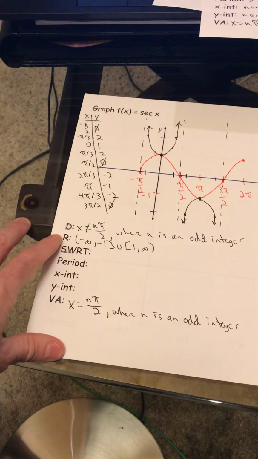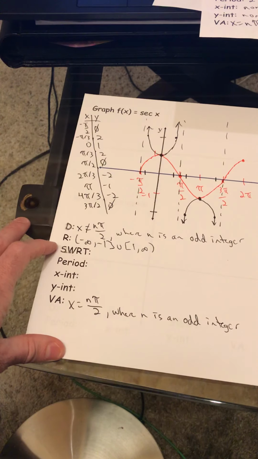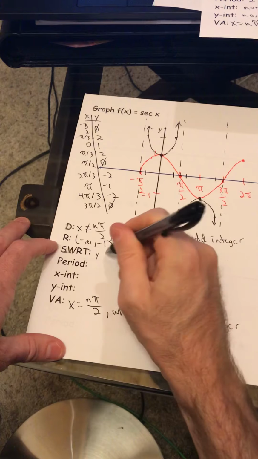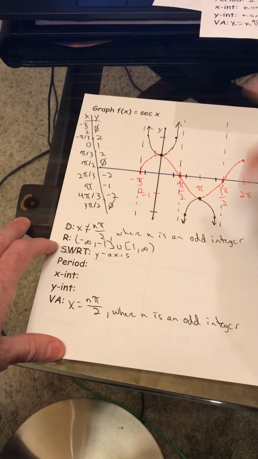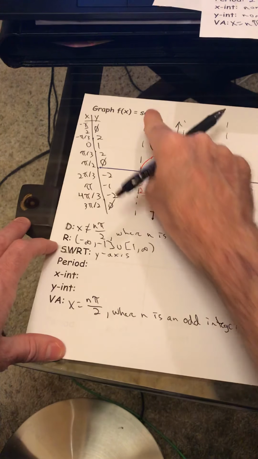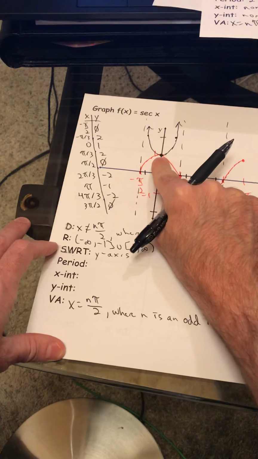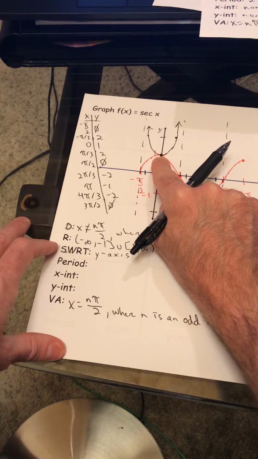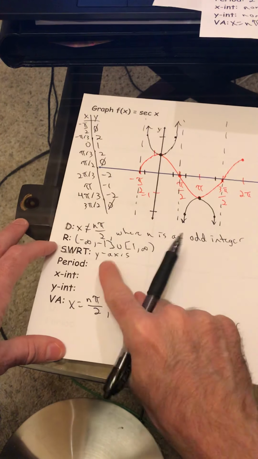All right, the symmetry. Well, cosine is an even function. Its reciprocal is also even, which means symmetric to the y-axis. You can see this curve, well, in theory, this curve would be reflected over the y-axis. My sketch, not so much, but again, it should be.